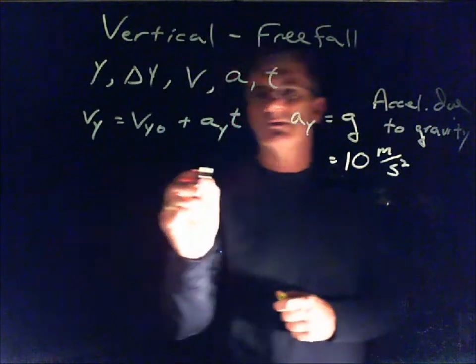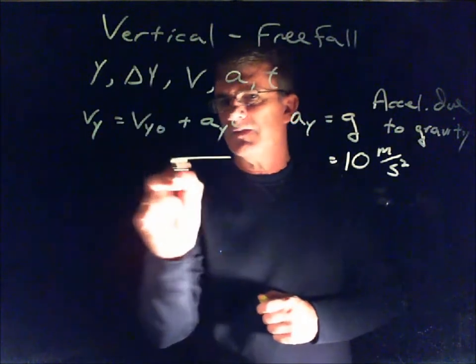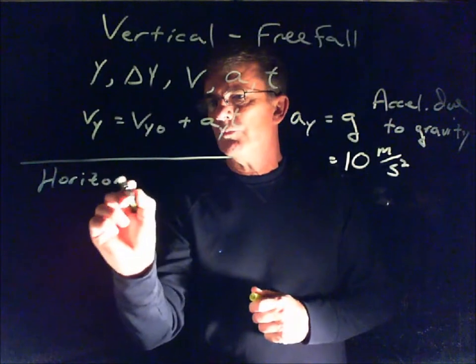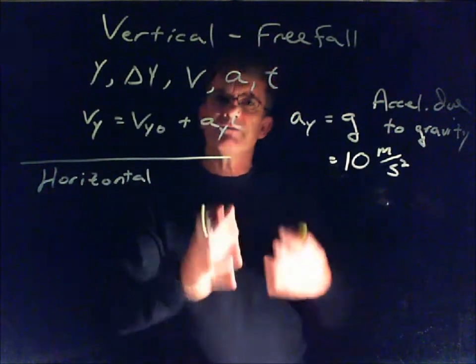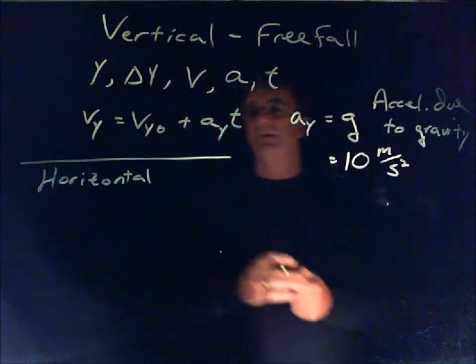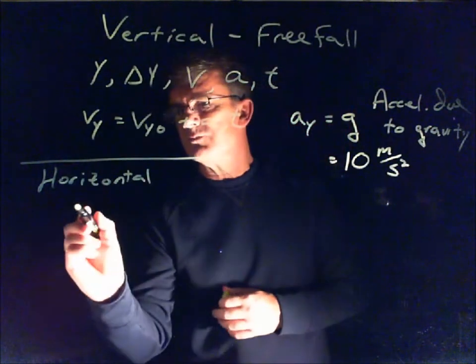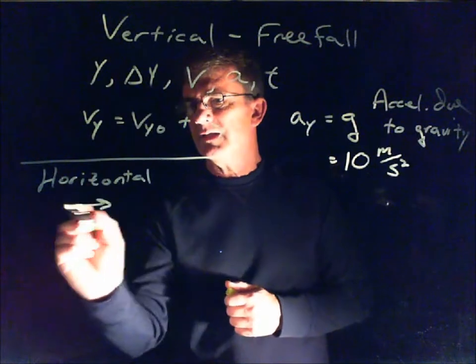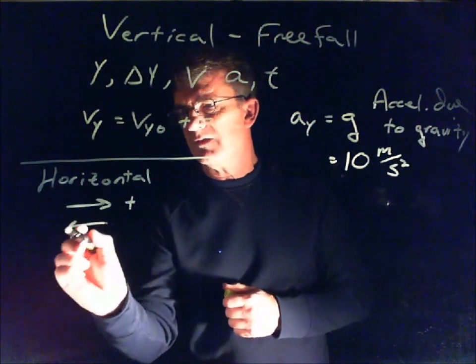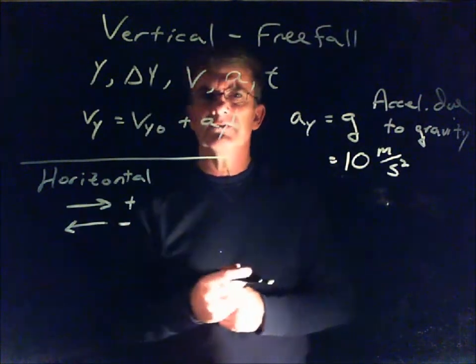Now, let's designate a couple of things when we're doing horizontal motion. For horizontal, we have to recognize that velocity and acceleration and displacement are vectors. And so what we do is we say if it's moving to the right, that's a positive direction. If it's moving to the left, that's a negative direction.